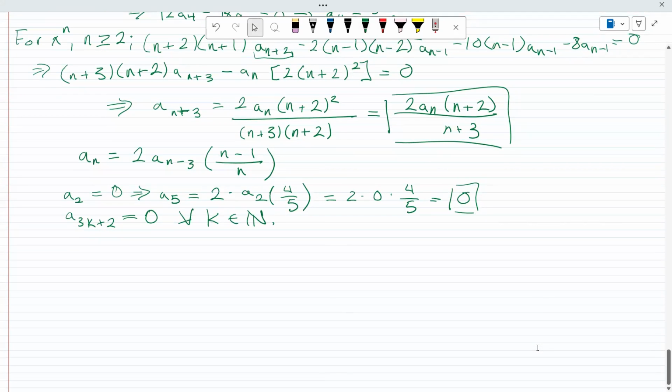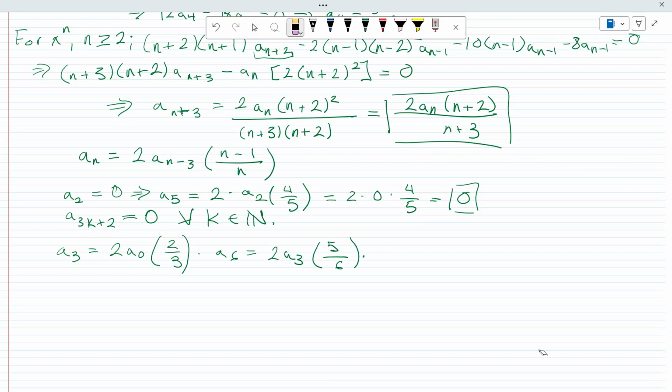Then, since we know that a3 is equal to 2a0 times 2 over 3, we know that a6 is equal to 2a3 times 5 over 6, which is equal to 2 squared a0 times 5 over 6 times 2 over 3.